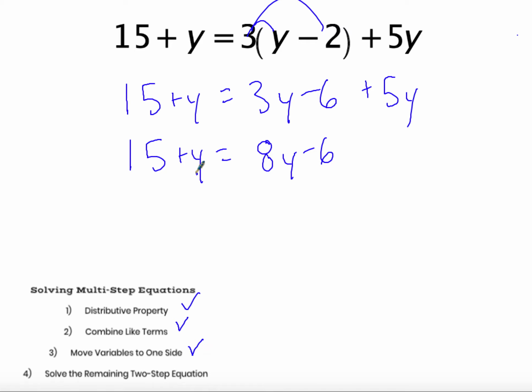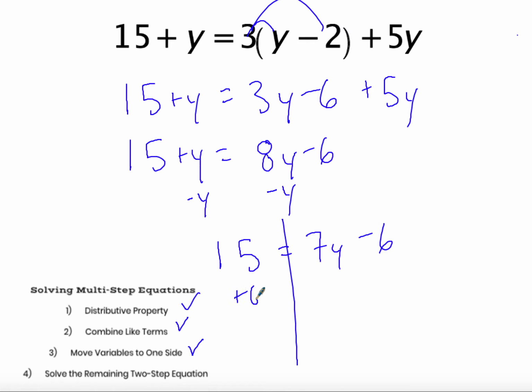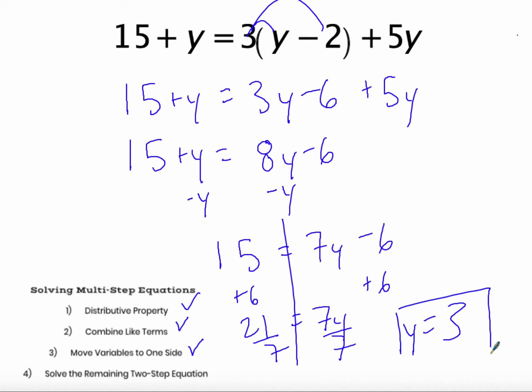Variables on both sides, so I need to subtract that smaller variable term, which is the 1y. And now I'm left with 15 equals 7y minus 6. Two-step equation, plus 6 plus 6. I have 21 equals 7y. Dividing through by 7, and I have my final solution, y equals 3, and that makes my initial equation true.